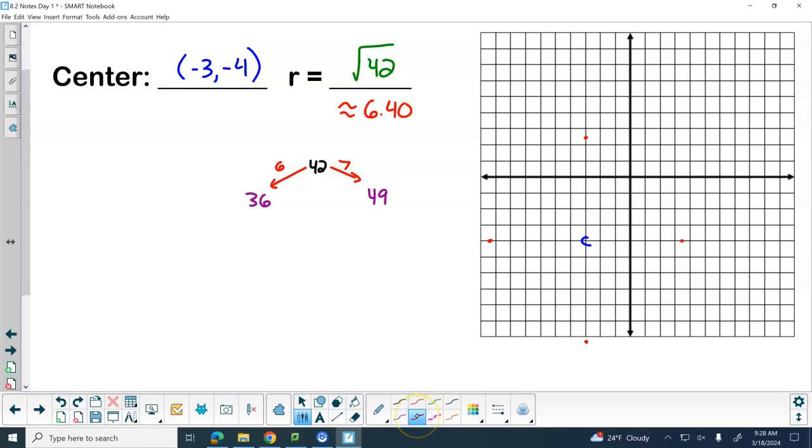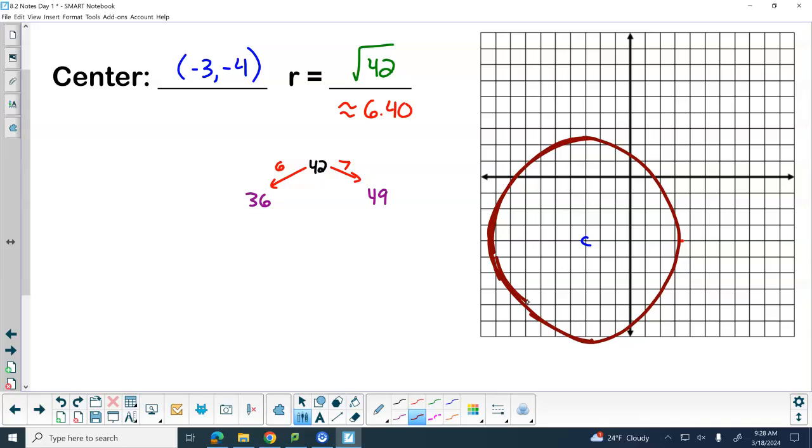And now I can draw. When we ask for the radius, we want it in exact radical form, unless r squared is a perfect square, like in the previous two.